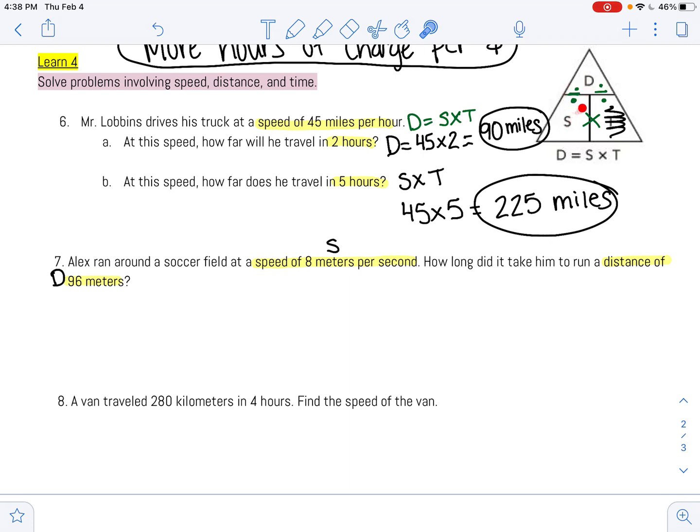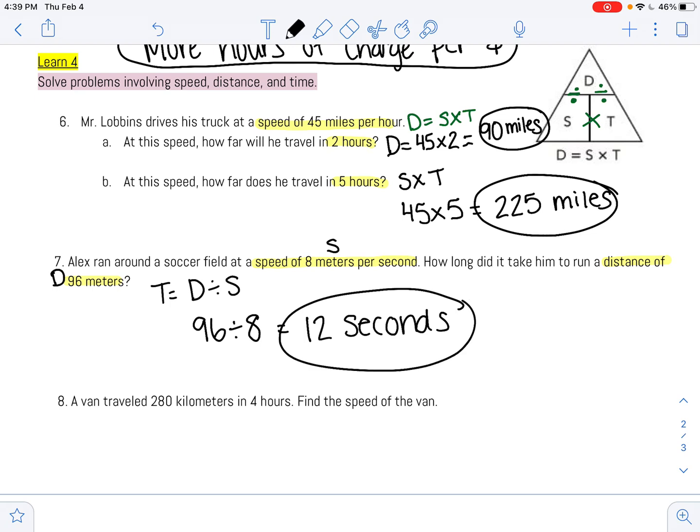I can see here that I have to divide these to be able to solve for my time. So my time equals distance divided by speed. So we're going to take 96 divided by 8 and solve that it would take Alex 12 seconds to run around the soccer field.